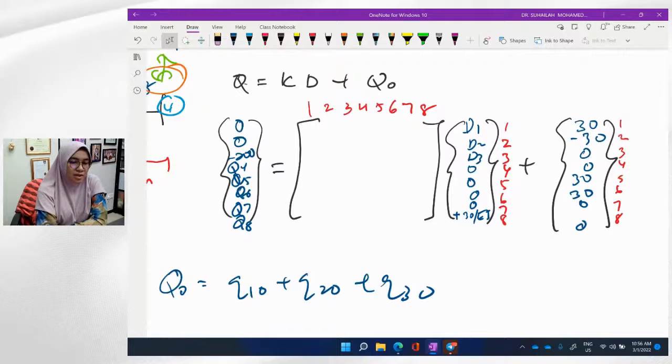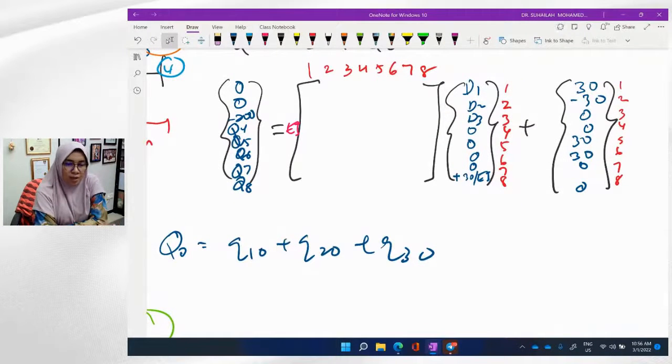Don't forget, the K that we produce is also in terms of EI, so EI will be cancelled in the analysis. So this is how we analyze this question. Don't forget we have to consider this value times this value, because it is line times row.